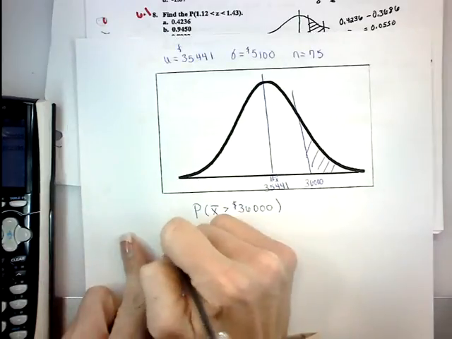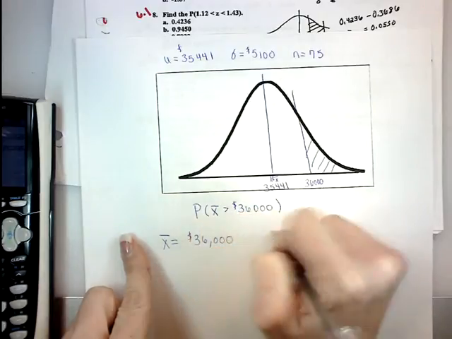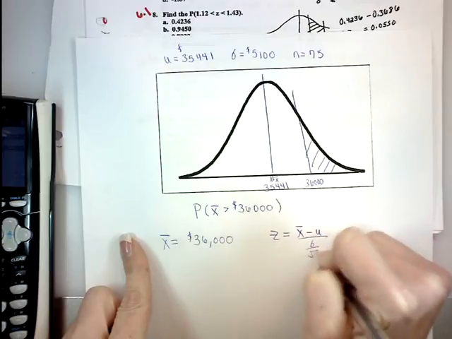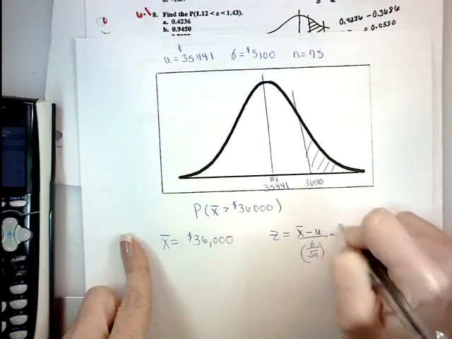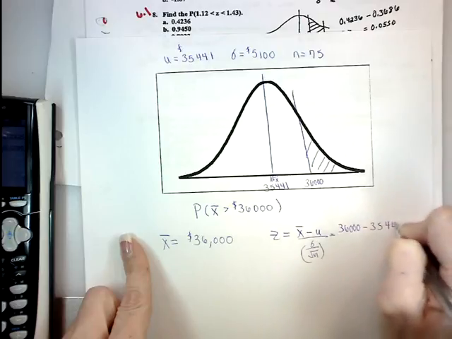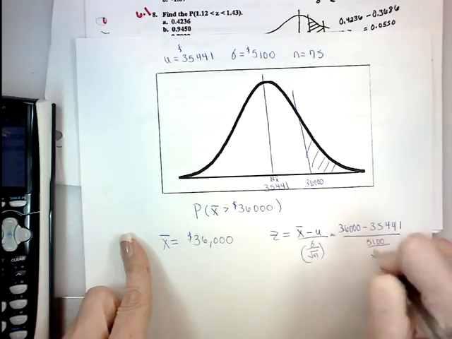The z-score for $36,000 would be the next step, and that's X bar minus mu over sigma over the square root of n. So 36,000 minus 35,441 divided by 5,100 over the square root of 75.